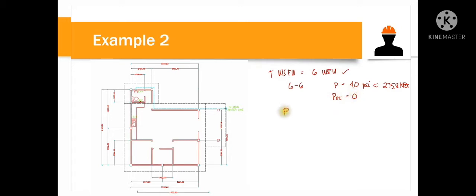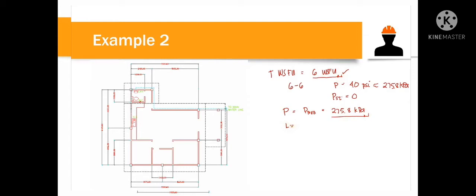So, therefore, our net pressure is equivalent to P average, or the pressure in the water main, which is equivalent to 275.8 kilopascal. Let's again go back to our table, but please remember this value, 6 water supply fixture units, and the pressure 275.8, as well as the length.